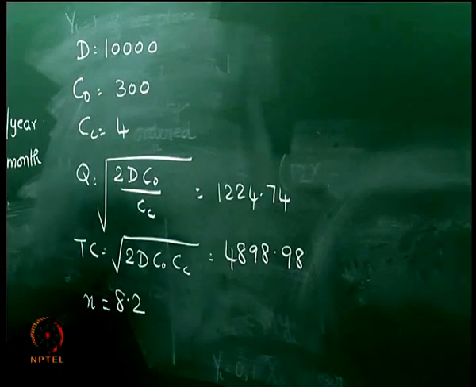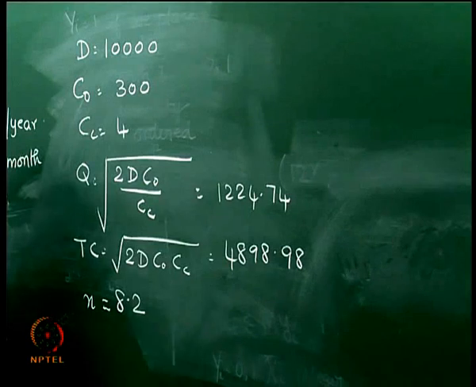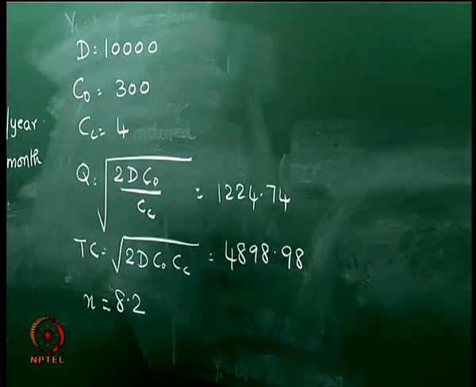Now there are going to be 8.2 orders over 12 months, so let us call the ordering frequency per month, how many orders is 12 divided by 8.2, which is roughly about 1.5.